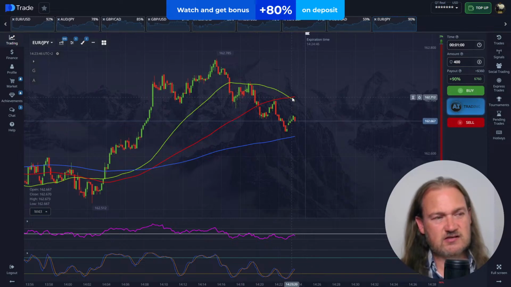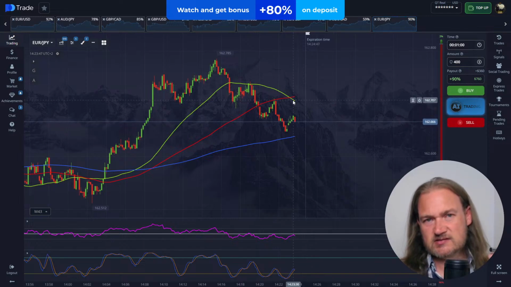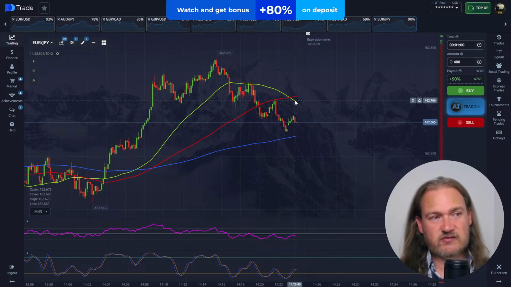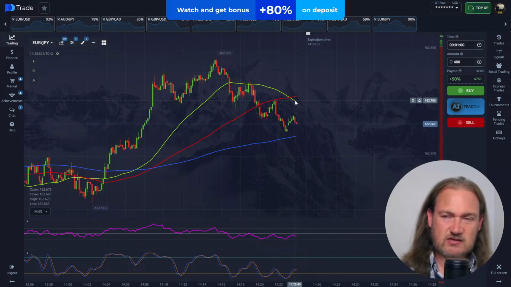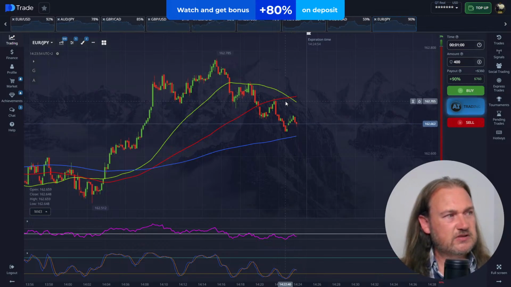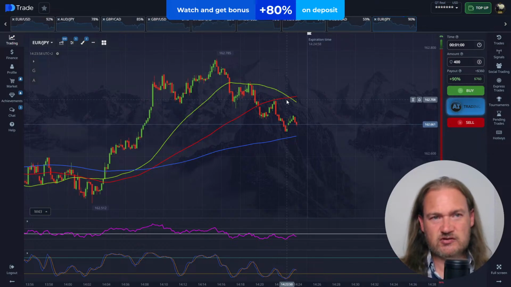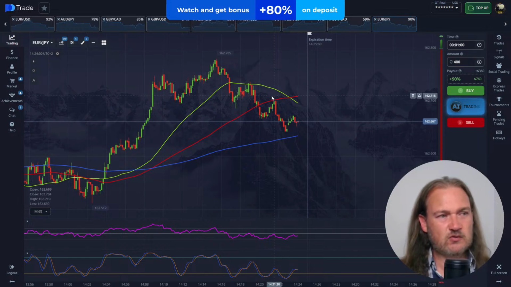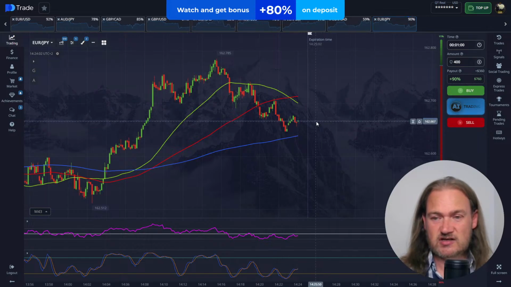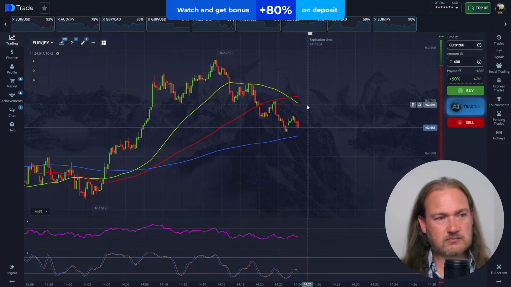This is the reason I prefer moving averages above technical drawings, especially because I'm trading 10 seconds so much. It's a constant change when you have to constantly change your drawings, whereas the moving averages are auto-generated and they just move and act as support and resistance areas.